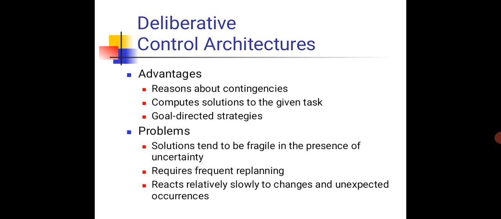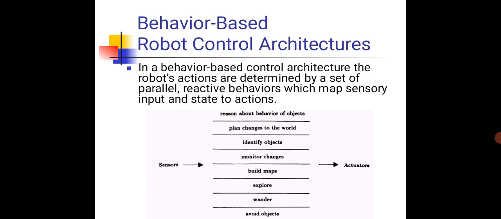But the problems are that it tends to be fragile in the presence of uncertainty. We need very frequent replanning, it reacts relatively slowly to changes, and it may even cause unexpected occurrences.